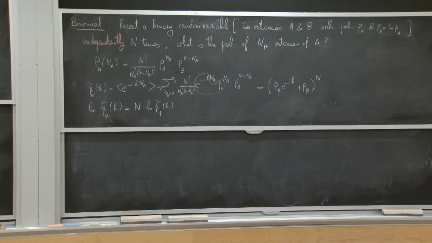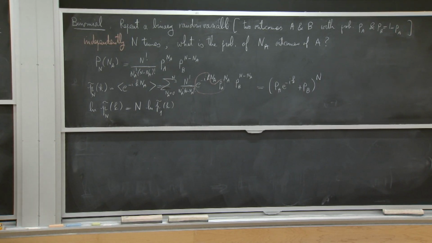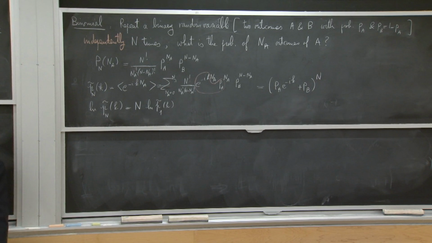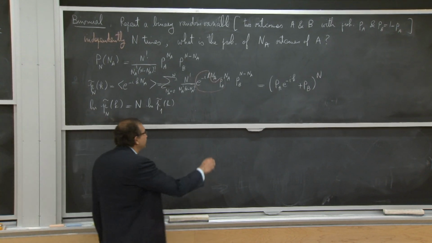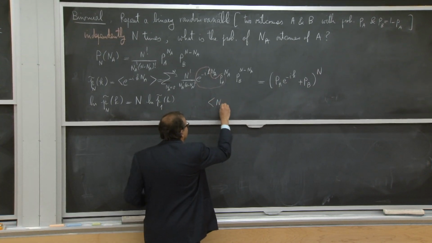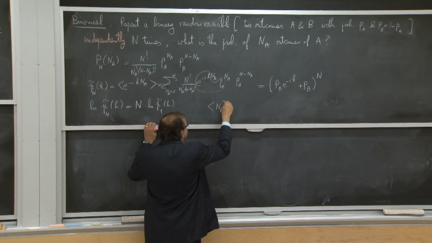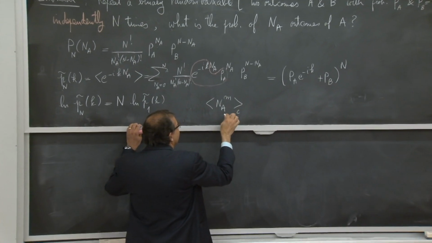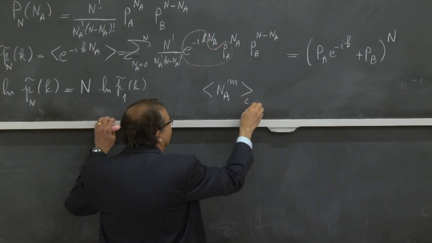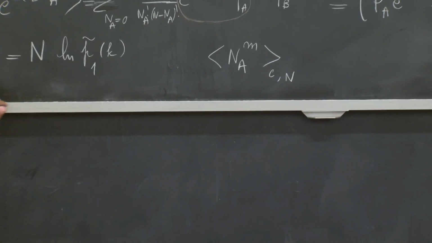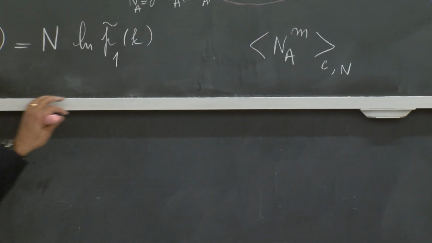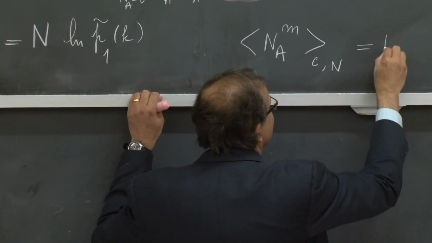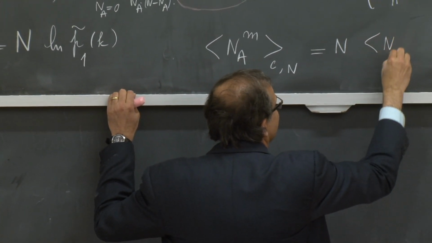So what that means, if I were to look at powers of k, the expectation value of some cumulant, if I were to repeat things n times, so this carries an index n, is going to be simply n times what I would have had in a single trial.